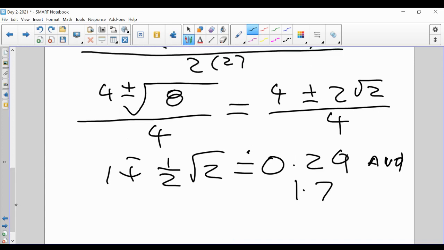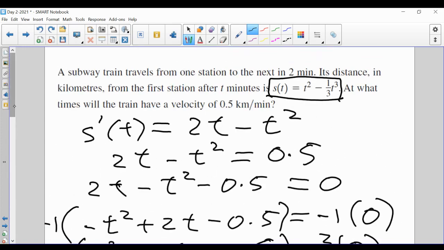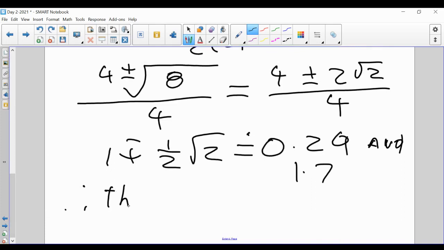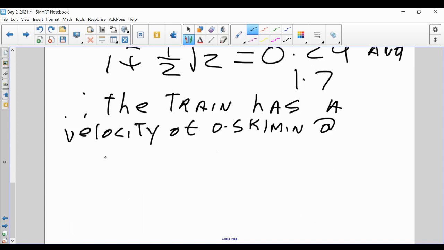Anyway, so let me put a therefore statement. Therefore, the train, is it a train? The train will have that velocity of 0.5 kilometers per minute at about 0.29, it's not exact. 0.29.